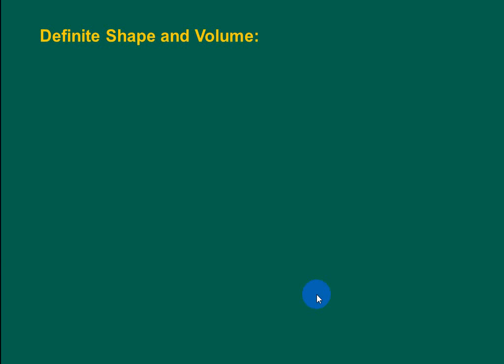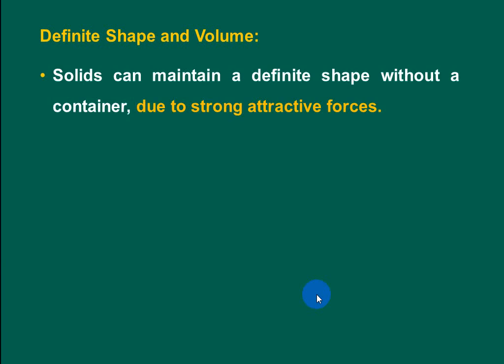Definite shape and volume. Solids can maintain a definite shape without a container. Why? Due to the strong attractive forces. Their shape doesn't change, due to the strong attractive forces.